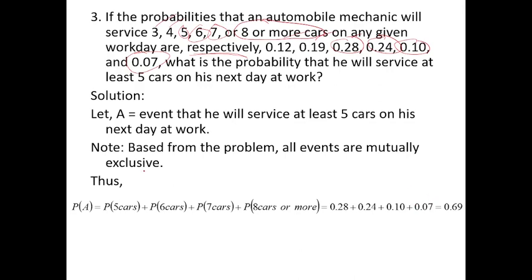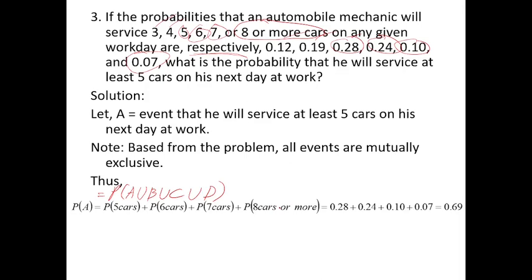0.07. So, in this case, so meron kang value na probability A, union B, union C, union D. Yung A, para dun sa 5 cars, no? Yung B, para dun sa 6 cars. Yung event na magsaservice siya ng 6 cars. C, yung event na magsaservice siya ng 7 cars.